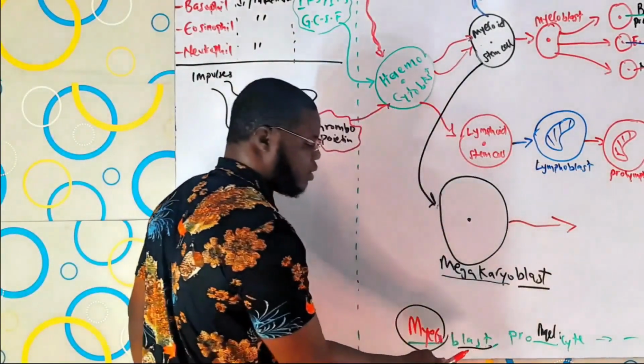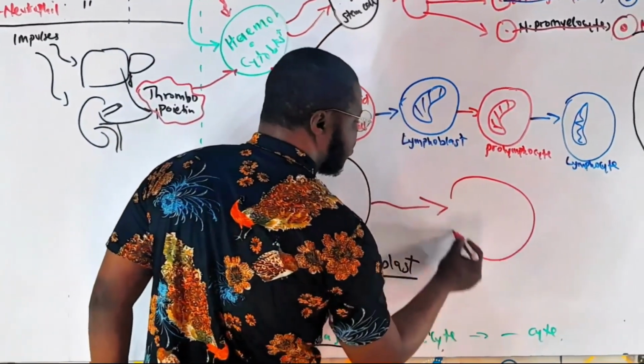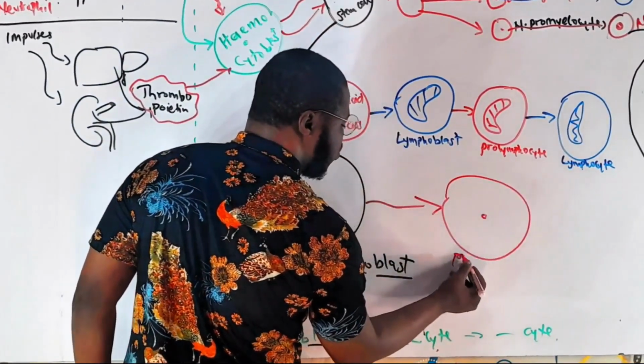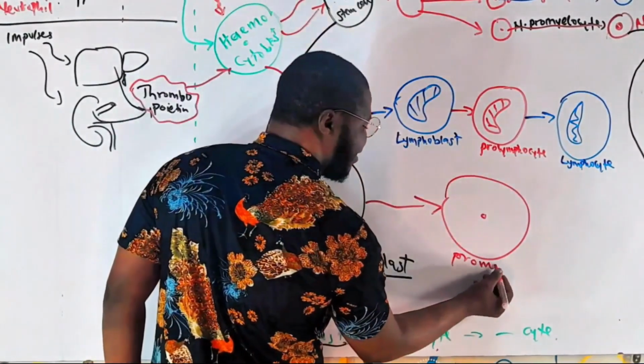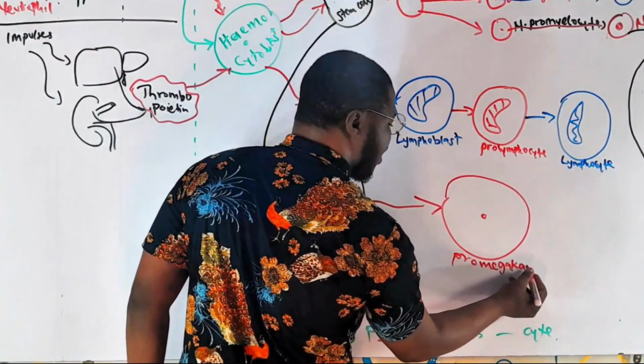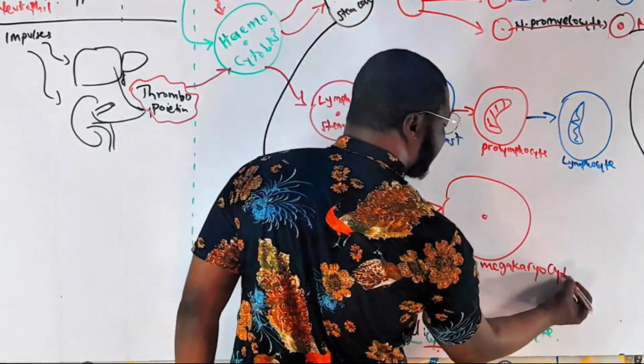Megakaryo is the dash, and from the megakaryoblast level, it divides next to form something new, the pro-site. That will give you another cell, which is called Pro-megakaryocyte.